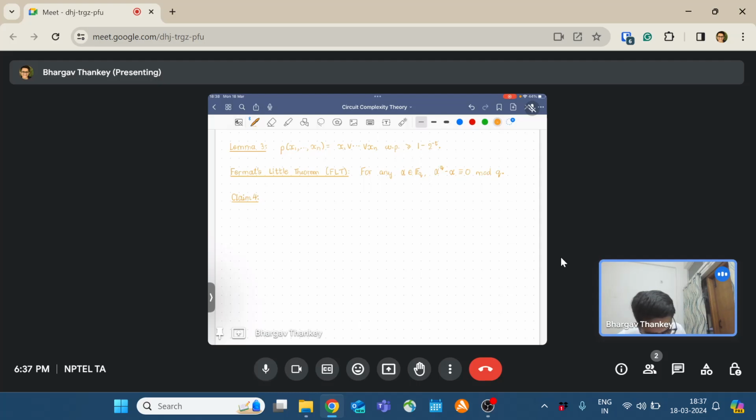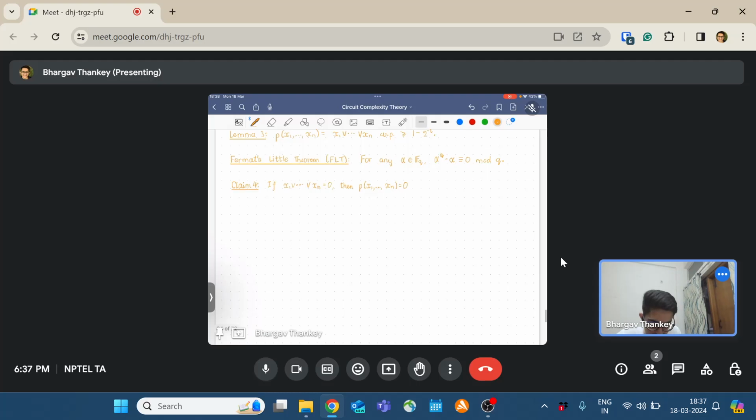The first claim is that, let me make it a little more explicit, for all x in the proof of this part is fairly simple.